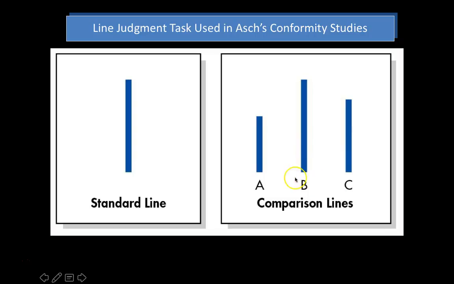The task of the subject is to indicate which of the comparison lines is equal in length to the standard line. In all cases, one of the lines was the same line, and so the correct answer here, of course, is B.